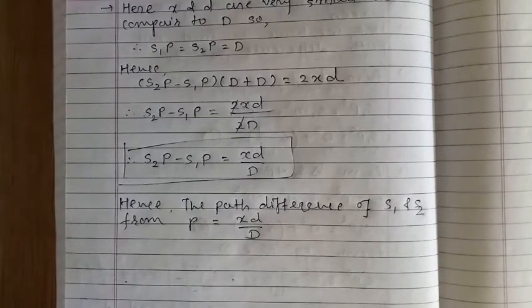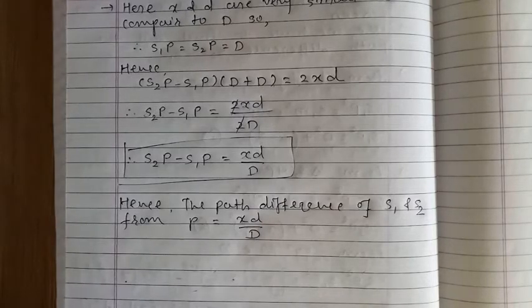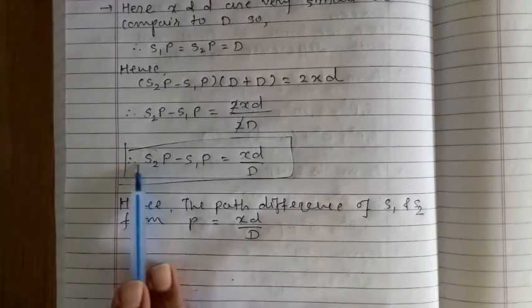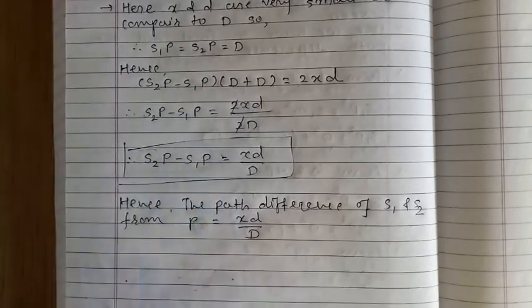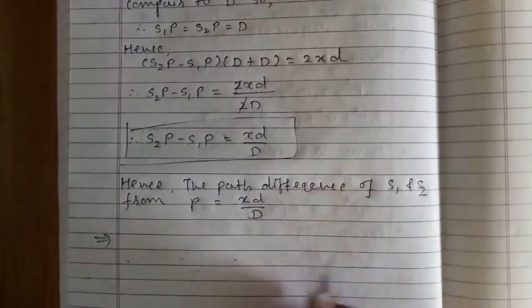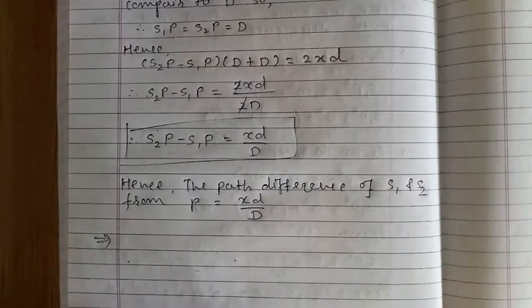Now, for constructive interference, we know that the path difference is n lambda. To find the distance from point O to point P for constructive interference, we put S2P minus S1P equal to n lambda, where n is 0, 1, 2 to infinity. This condition is for Young's double slit experiment.